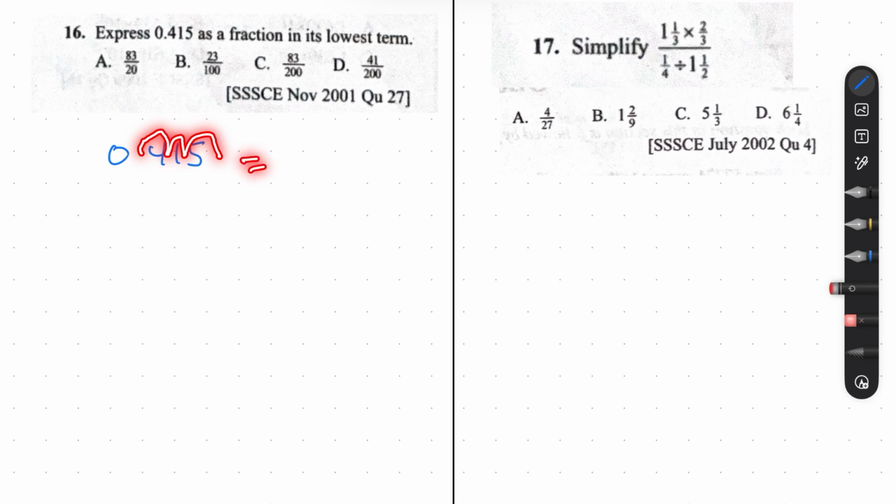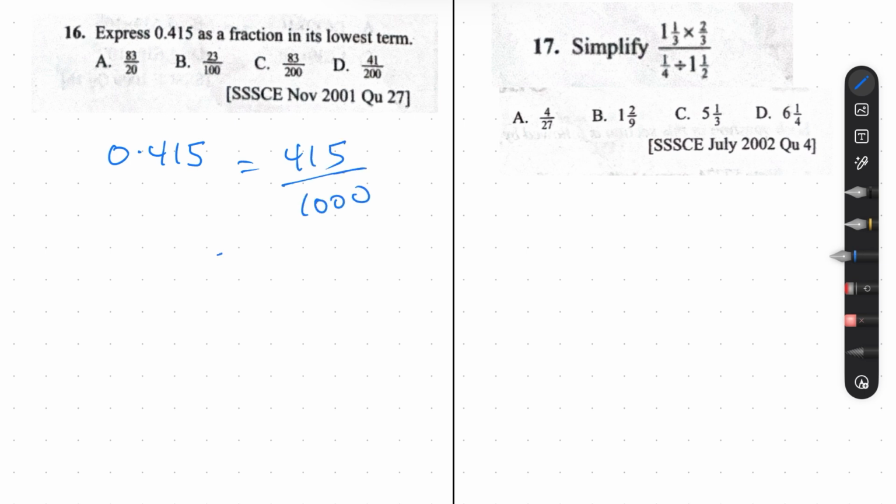So when we go from the left to the right, you have tenth, hundredth, and thousandth, right? So that will be 415 over 1000. So let's do that. 415 divided by 1000.